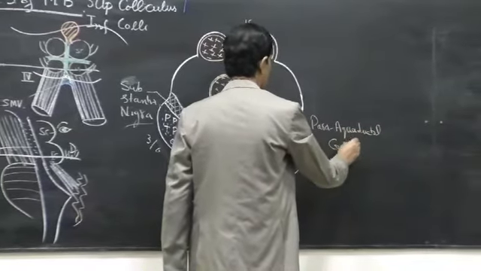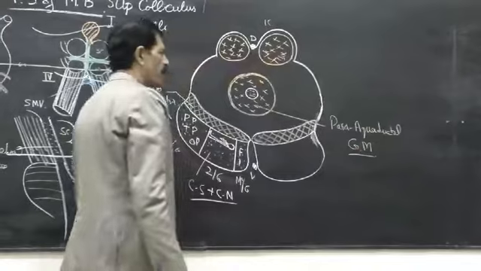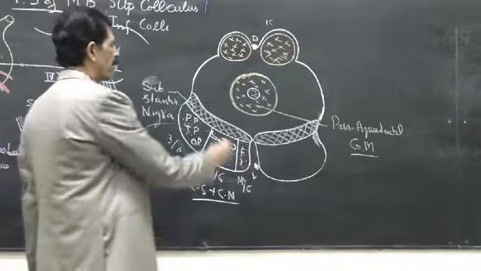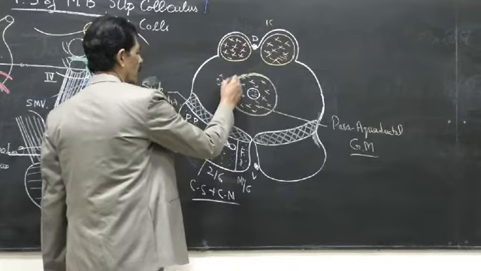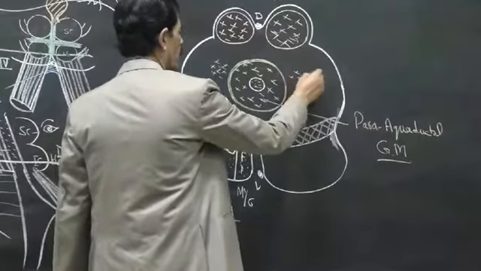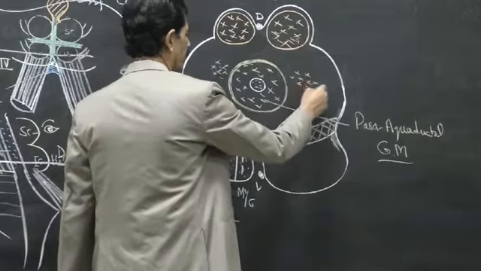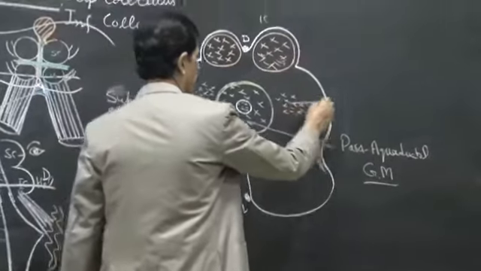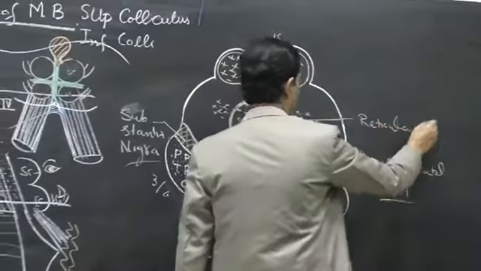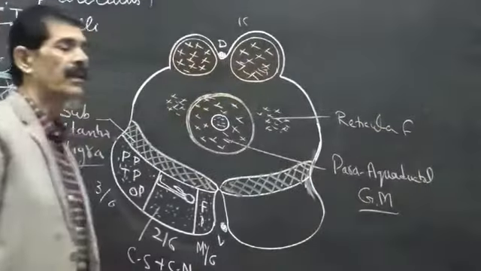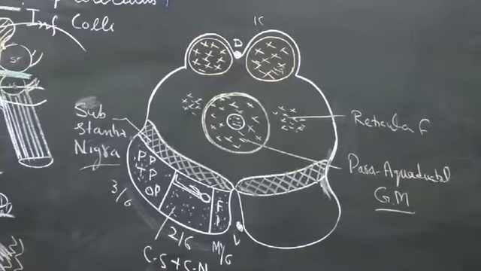Then the reticular formation also lies over here. The reticular formation lies in the whole of the brain stem, and it contains various nuclei of the respiratory and the cardiac centers.